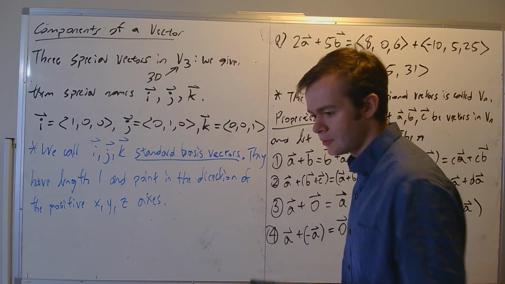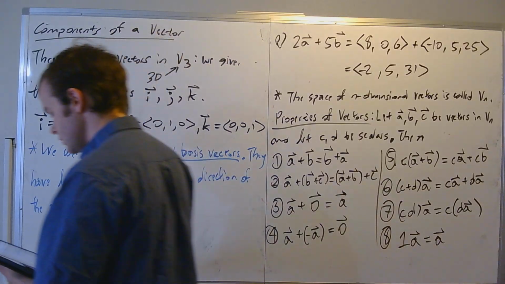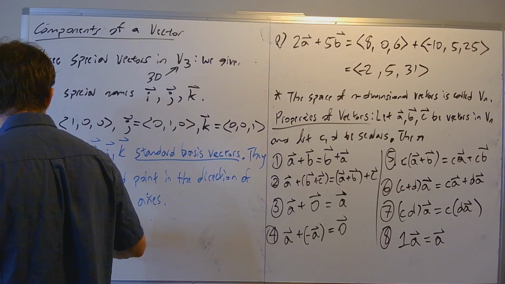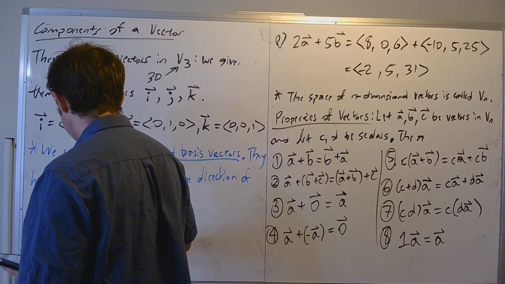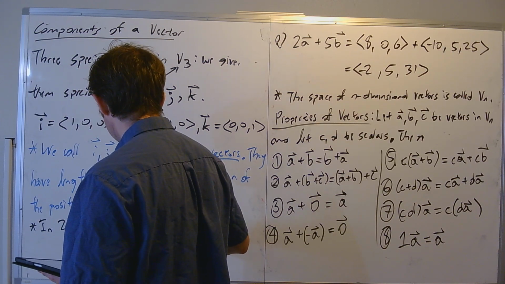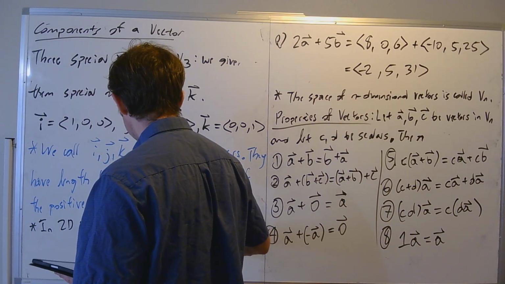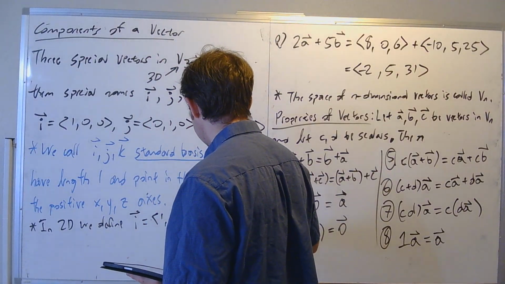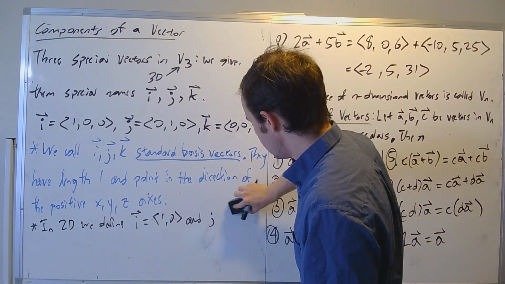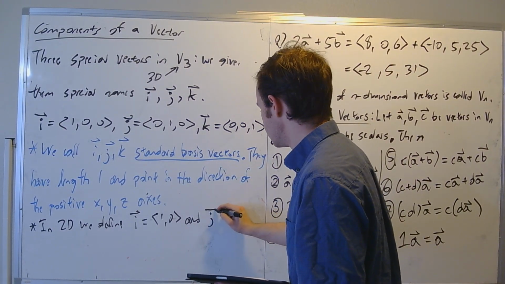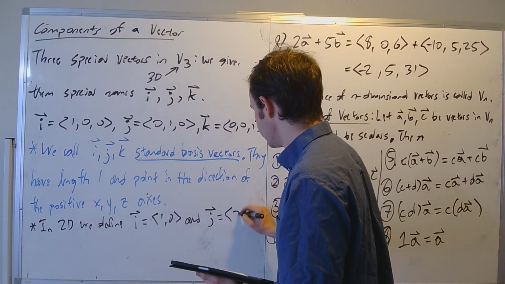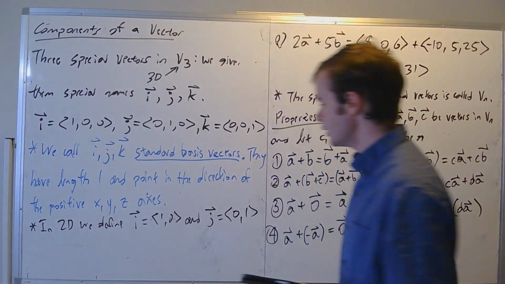And just as a note, if you're only working in 2 dimensions, in 2D, we define i equals 1, 0, and vector j is equal to 0, 1.